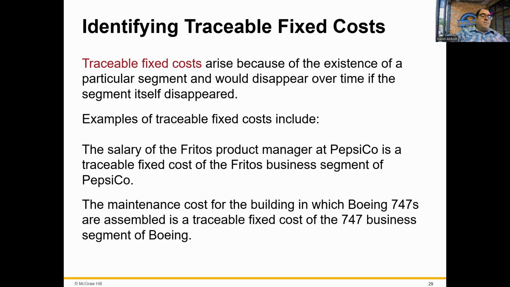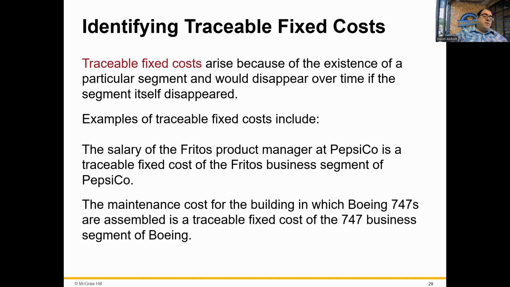If the segment were eliminated, the fixed cost would disappear. Examples of traceable fixed costs might include the salary of a Frito product manager at PepsiCo, which is a traceable fixed cost to the Frito business segment of PepsiCo. So if the Frito segment didn't exist, we wouldn't have a Frito product manager.